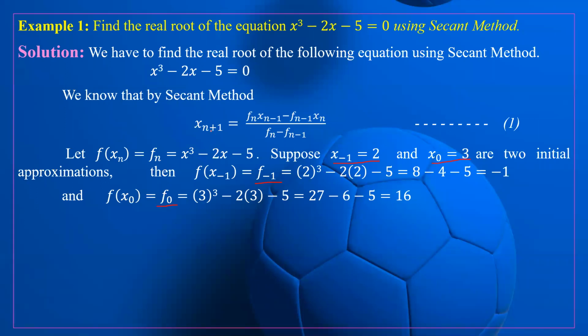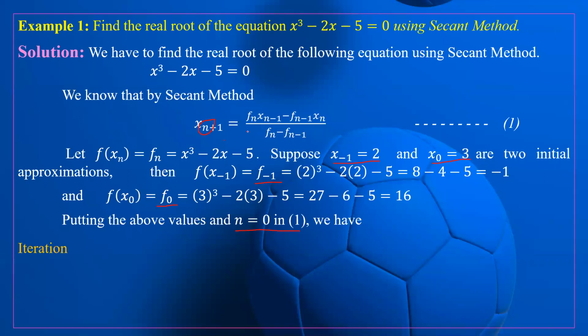So let us put n equal to 0 in equation number 1. Putting the above values and n equal to 0 in 1, what we will get? So now this is iteration number 1. So x1 is equal to f0 x minus 1 minus f of minus 1 x0 divided by f0 minus f of minus 1.